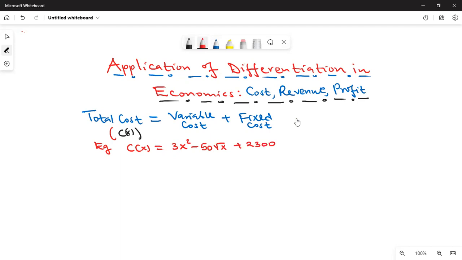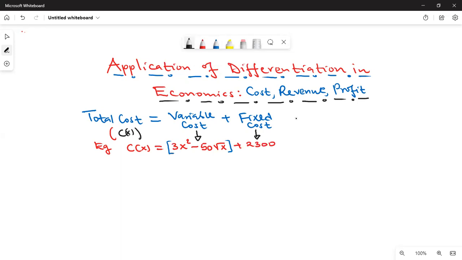So the part that contains X, that is what you are calling the variable cost, the first part here, the one that depends on X, and this other part is the fixed cost. So our variable cost is this one, and this other one is the fixed cost, a constant.